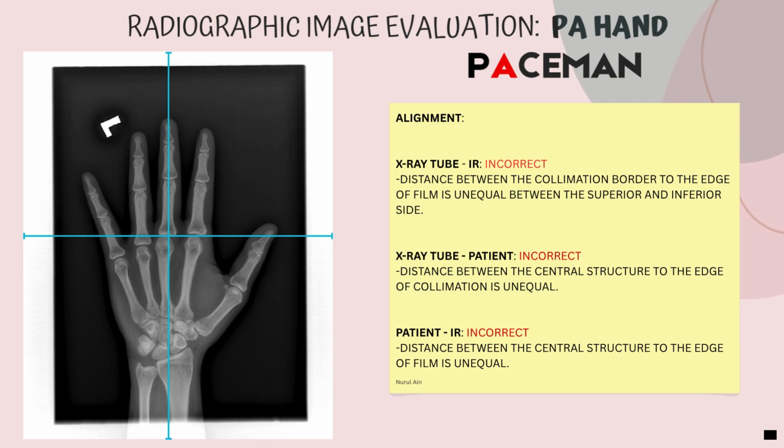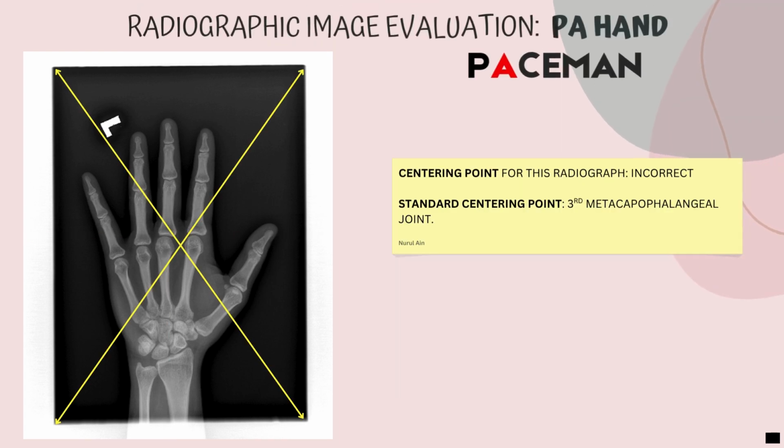The distance between the central structure to the inferior border of the film is larger than the distance between the central structure to the superior border of the film. The centering point for this radiograph is incorrect. The standard centering point for this image should be at the third metacarpophalangeal joint.